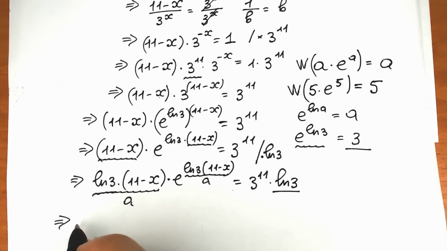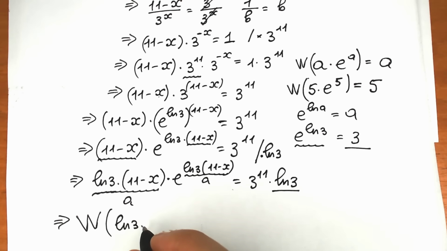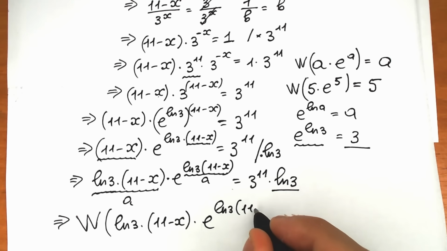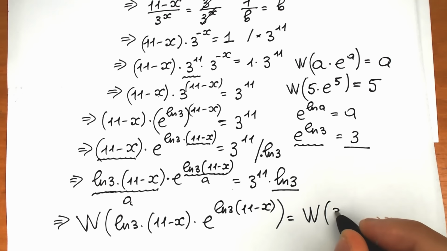So let's do this. It can complicate the expression, but I hope you understand it. So Lambert W function of this whole expression, natural log 3 times 11 minus x times e to the power natural log 3 times 11 minus x, equal to Lambert W function of 3 to the power 11 times natural log 3.